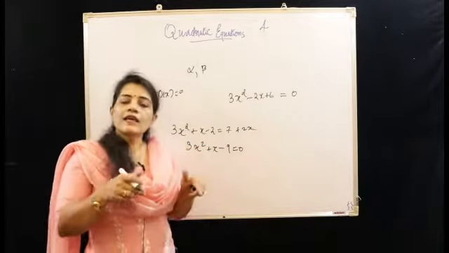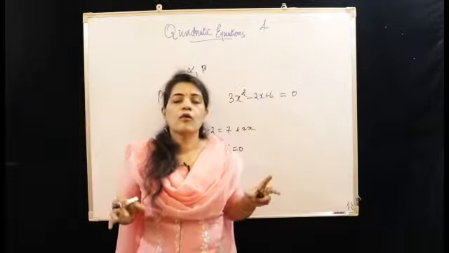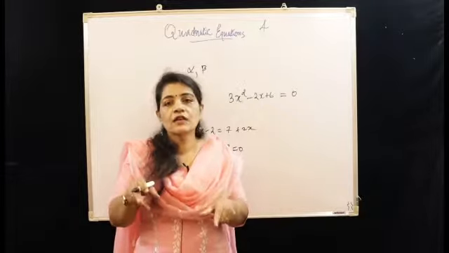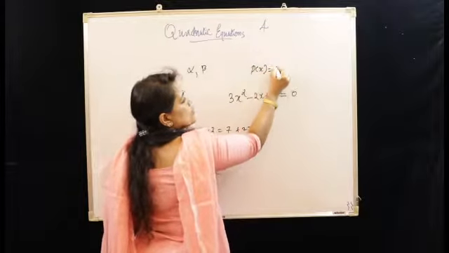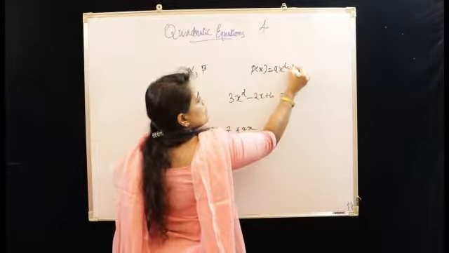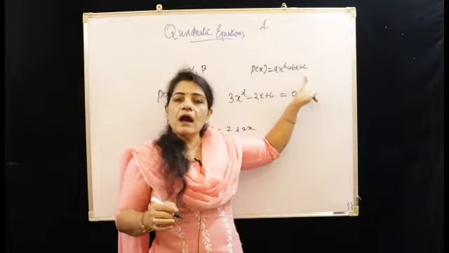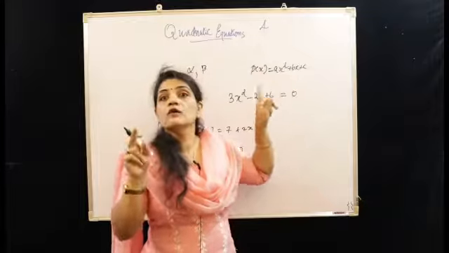So in this step, you can write the general or standard form of a quadratic equation. We know the general form of a quadratic polynomial, that is p of x equal to ax square plus bx plus c. Here a, b and c are any real numbers provided a not equal to 0.